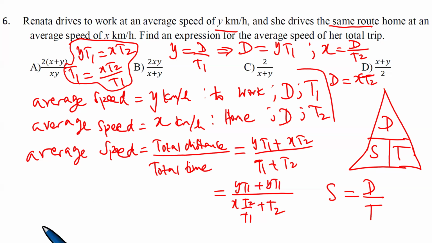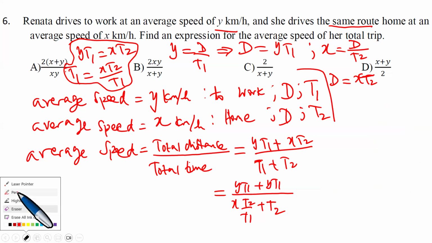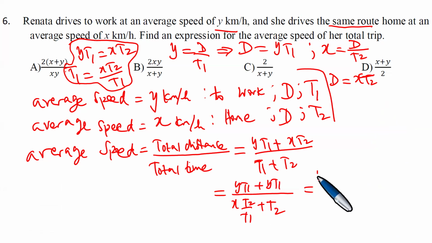Okay, we're spoiled for choice. Let's manipulate this. It doesn't really matter. So you can put 2t1, because we have y_t1. As I said, there are too many ways to do this question, and you can also have a different expression here. So you have 2y_t1.